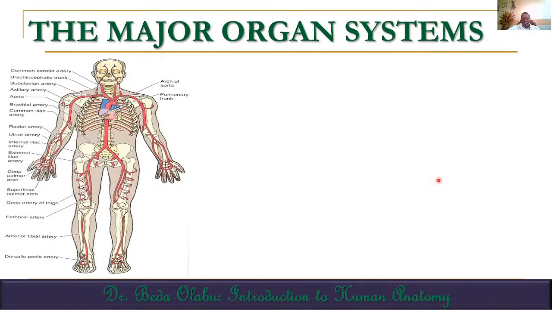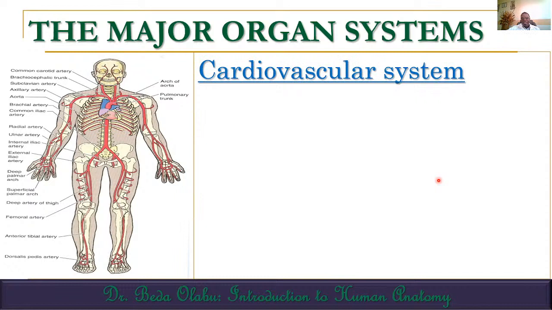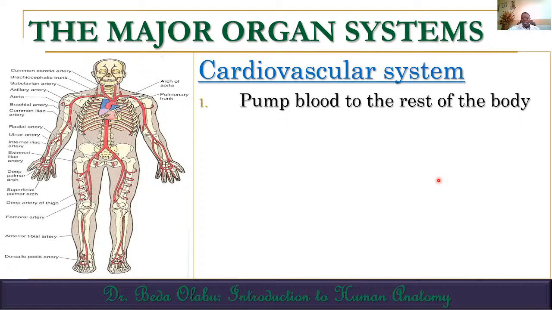The sixth system I want to talk about is the cardiovascular system. When we talk of the cardiovascular system, we are referring to this system that is made up of the heart and blood vessels. So the heart and blood vessels fall under the cardiovascular system.